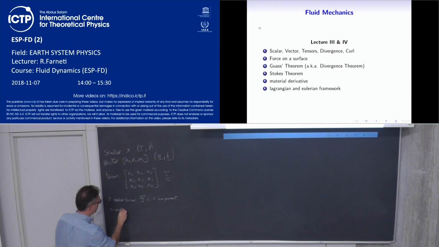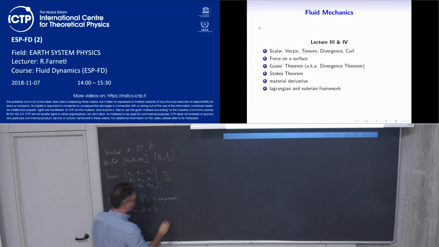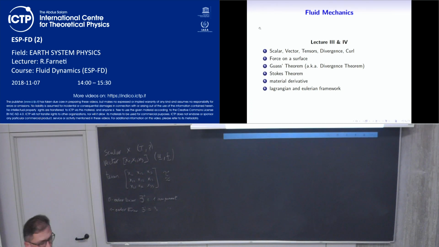A first order tensor has 3 components, and that's a vector. And a second order tensor has 9 components, and that's, for example, a force acting on a surface. One of those shear stresses that we were talking about.